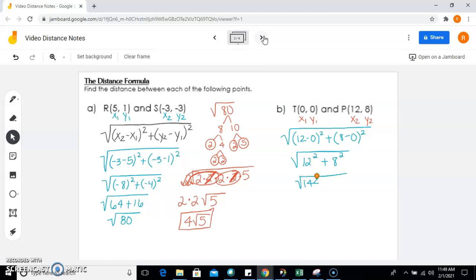That would give me 144 plus 64 to give me the square root of 208.